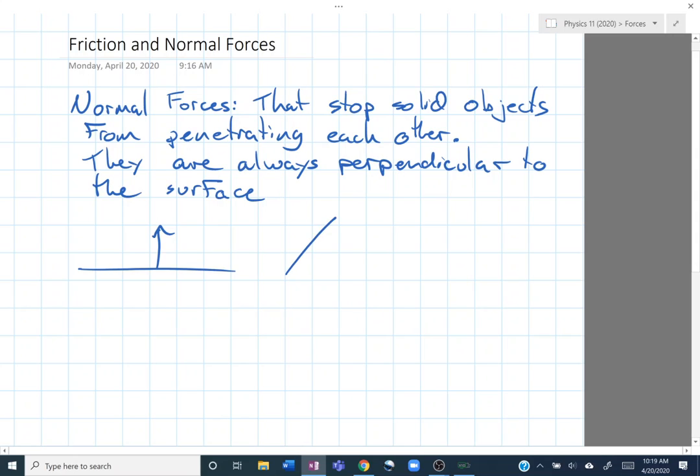If you're on a ramp or a slope, it would be acting perpendicular to the surface, so it would be acting at an angle. And if you were pushing something against a wall, like holding a book against a wall, or if you ran into that brick wall, the normal force would be acting perpendicular to those.